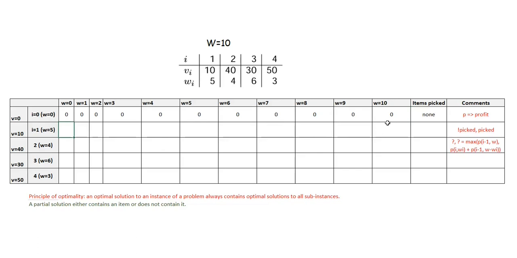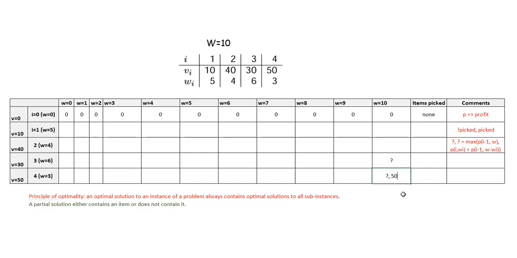Then we want to pick the last column from where we extract the solutions. So I will first pick the last row and last column. So here my solution is question mark and question mark because I don't know the answer. Based on the principle of optimality, either I can pick this particular item or don't pick it. If I don't pick up the item, my solution would be the one above.